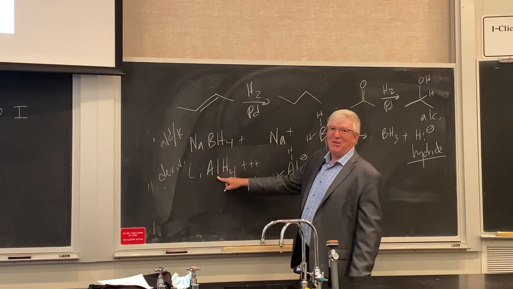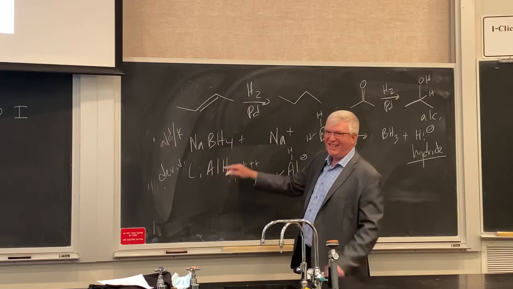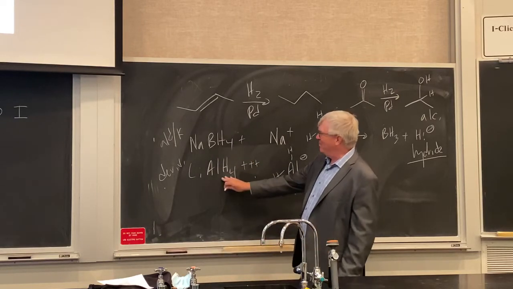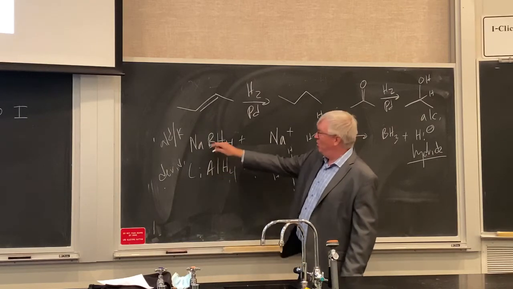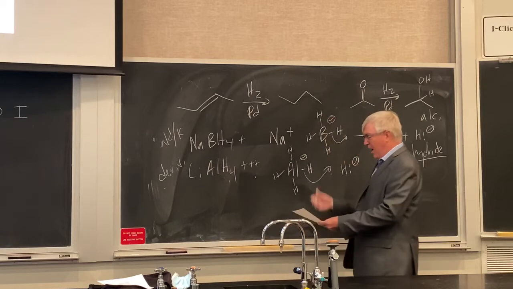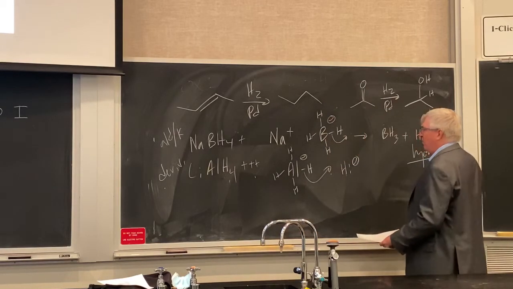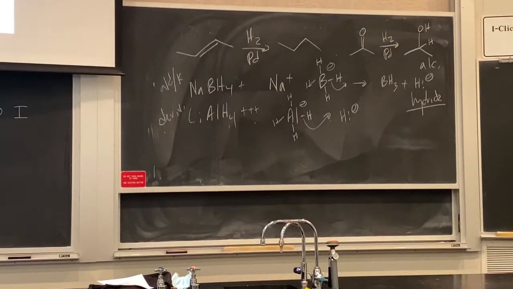This one will catch on fire on the balance if you have a humid day and let it sit around. This one's actually pyrophoric. So I like to give you the bottom line of why. If we have a functional group we need to reduce that won't be reduced by sodium borohydride, we'll use the more aggressive reducing agent. All right, let's look at a bunch of examples first here. And we'll get to the mechanism too.